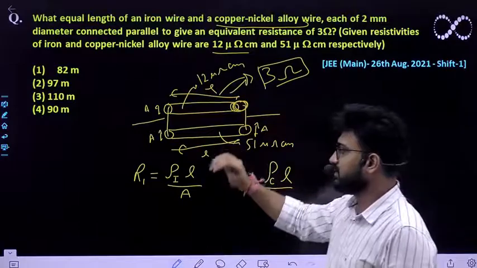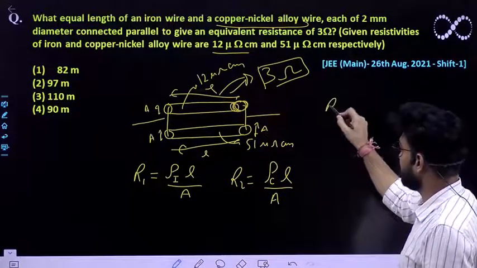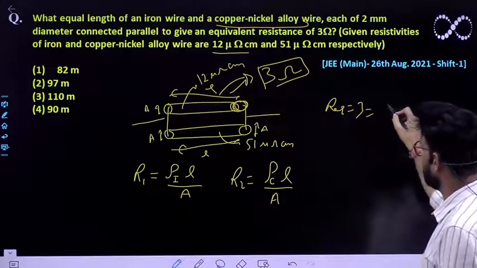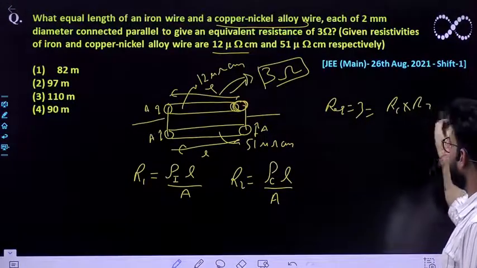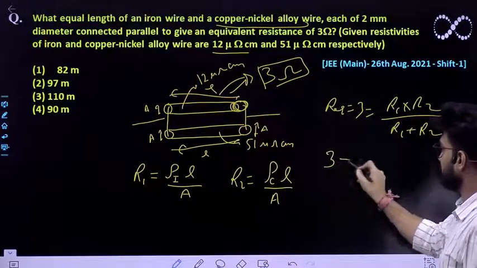So once they are connected in parallel, the parallel combination of these two resistances must be equal to the effective resistance, which is 3, equal to R1 R2 divided by R1 plus R2. Okay, so we'll be putting the values now.